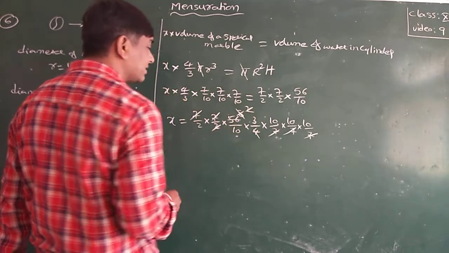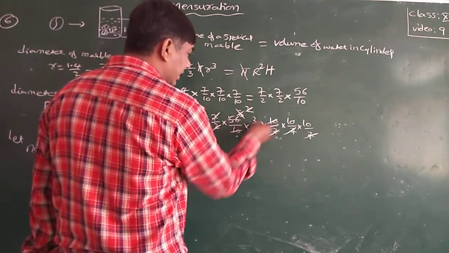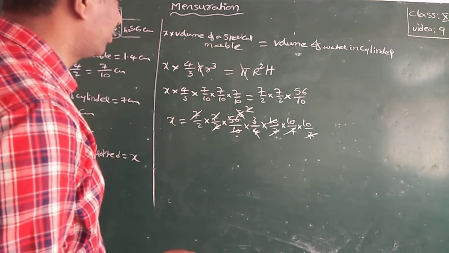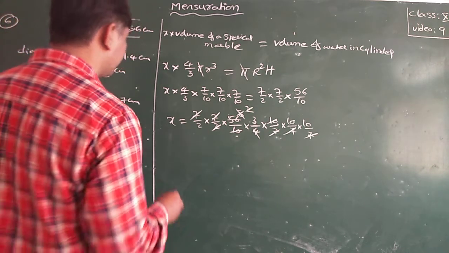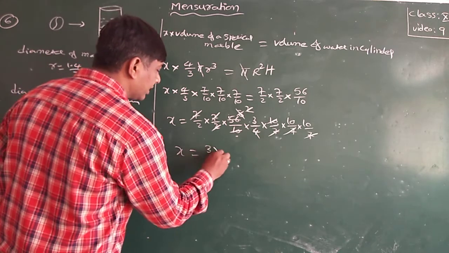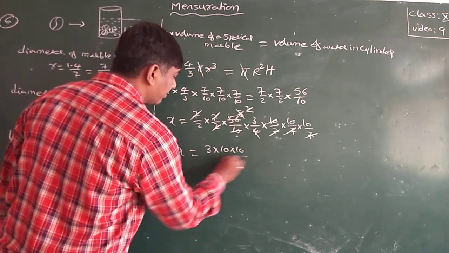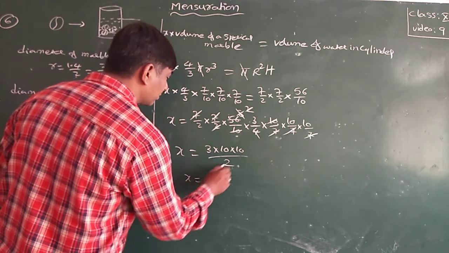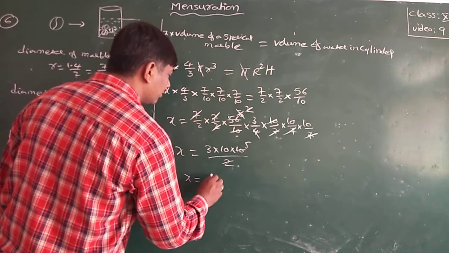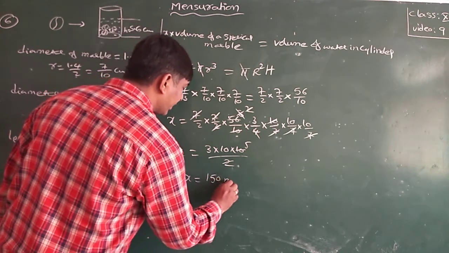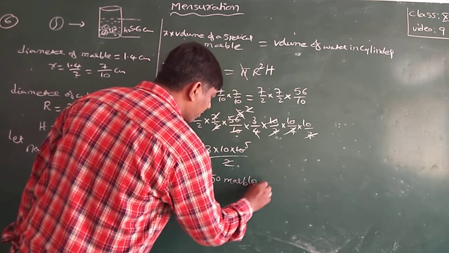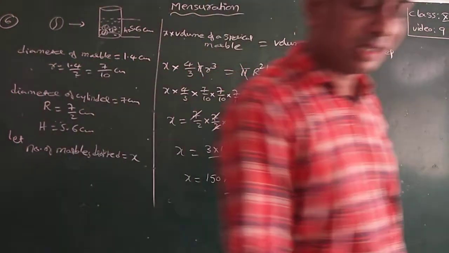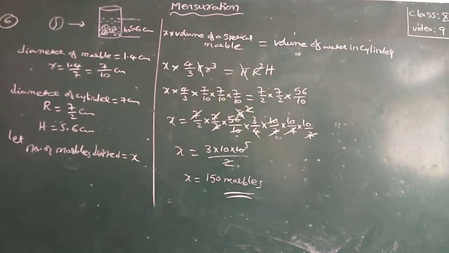Again 2 cancel, 10 cancel. Any more? No. X is equal to 3 into 10 by 2. That is x is equal to 3 into 5, so 15 marbles are dropped. 15 marbles are dropped. Check that answer.